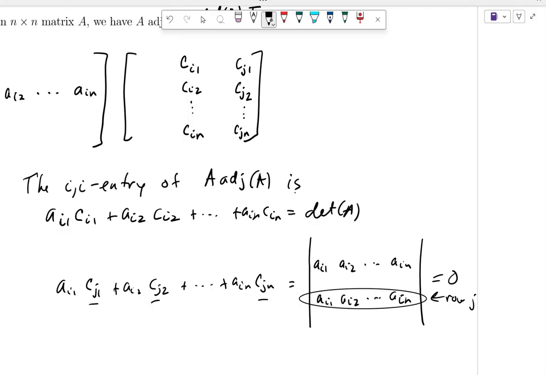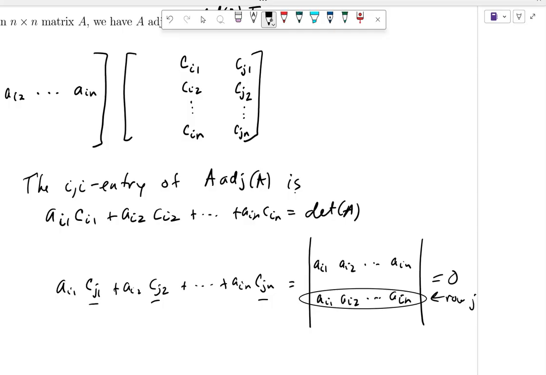So when you do this computation where you've mismatched where the cofactors come from, you can create a determinant of a matrix with 2 identical rows and get 0. That's why all the other entries in that matrix are 0, because all the other entries can be thought of as the determinant of a matrix with two identical rows.